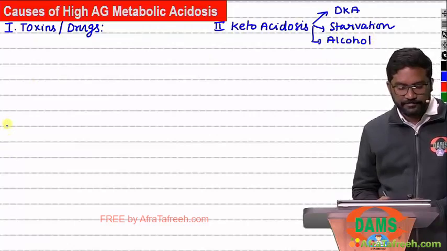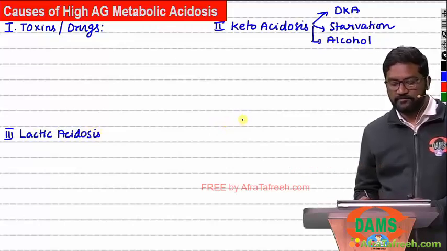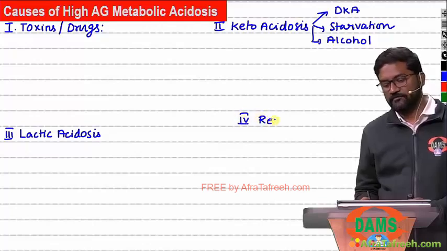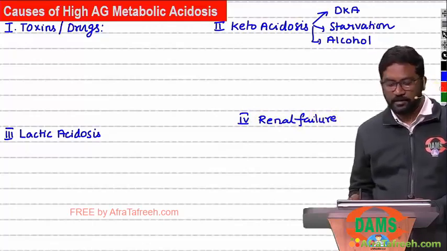Number 3, it is lactic acidosis. Number 4, when will these acids formed not go out from your body? Renal failure.